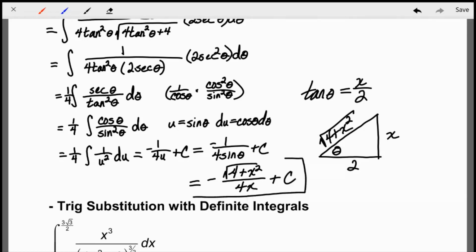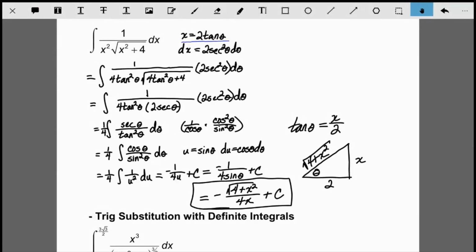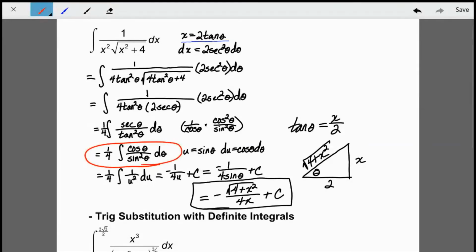In the end, this one was not as difficult because when we got to the point where we had everything written in terms of theta, we were able to get our antiderivative pretty easily. There were no trig identities involved. It was just a simple u substitution. But like I said, that step that I have circled, it's really these two steps. When you get to that point, that's always going to be the crux of the problem.